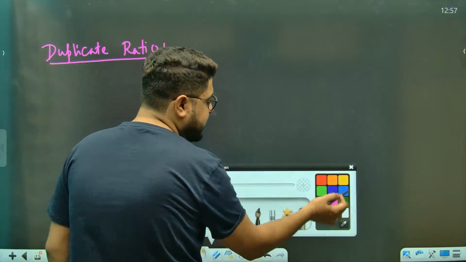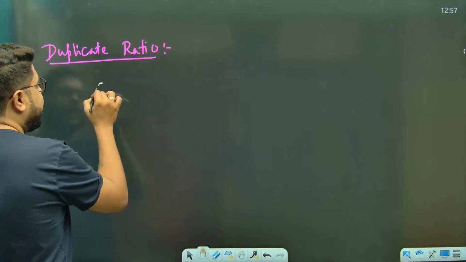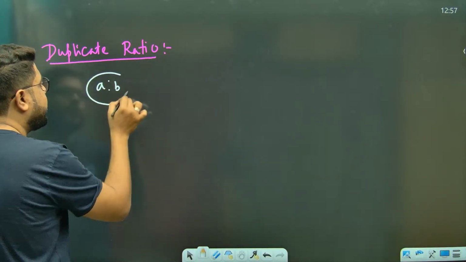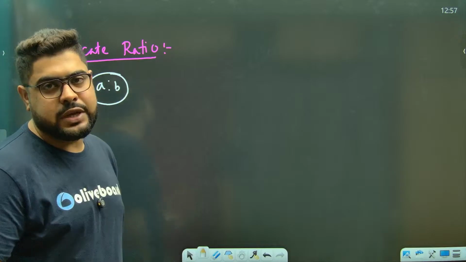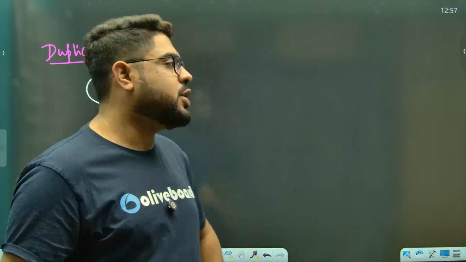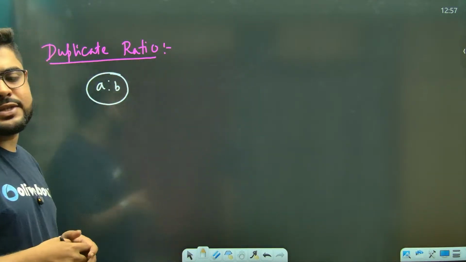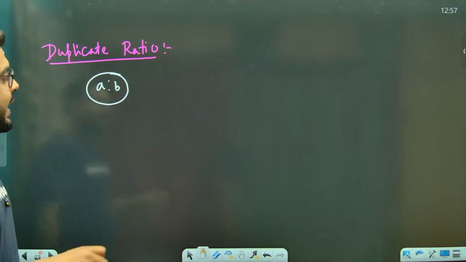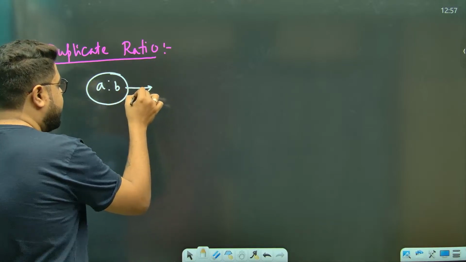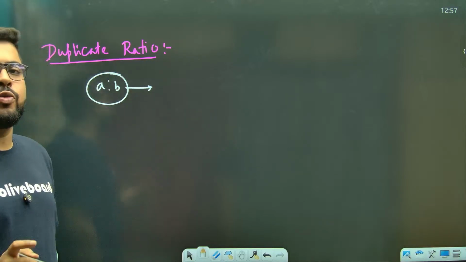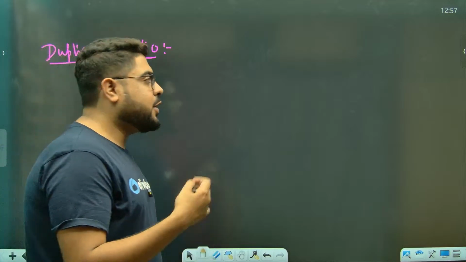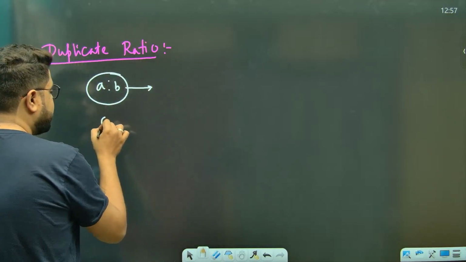Duplicate ratio is nothing but, there is a ratio A ratio B. If you take the compound ratio of A ratio B with itself, that will give you the duplicate ratio.